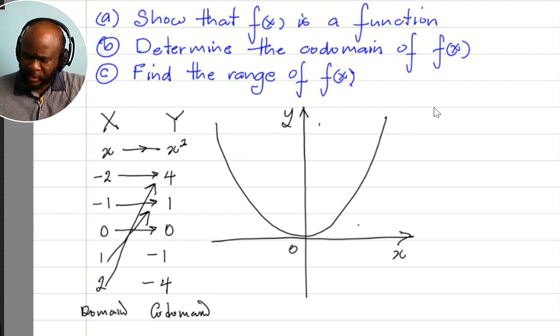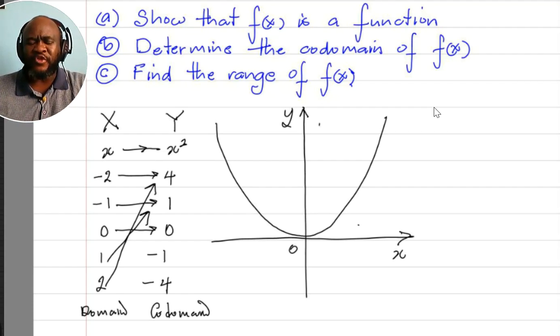To determine if a relation expressed as a graph is or isn't a function, we will do the vertical line test. Essentially, the vertical line test says that if every vertical line I could draw cuts the graph only once, the relation is a function. So that is, if every single line that I could draw parallel to the y-axis cuts this graph only once, the relation is a function.